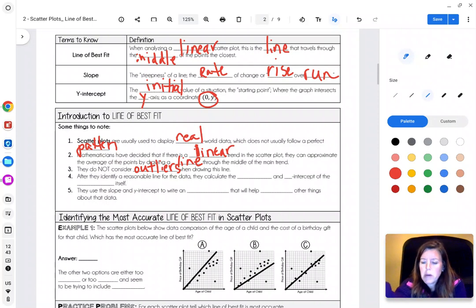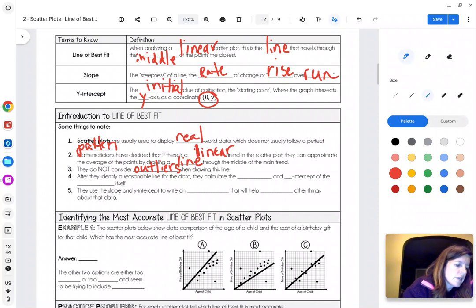But you might have somebody who says, I studied 5 hours and I got a 50. It's probably not going to be the case. Or they said, I studied 0 and I got 100. So those are going to be outliers. That's not following the actual trend.